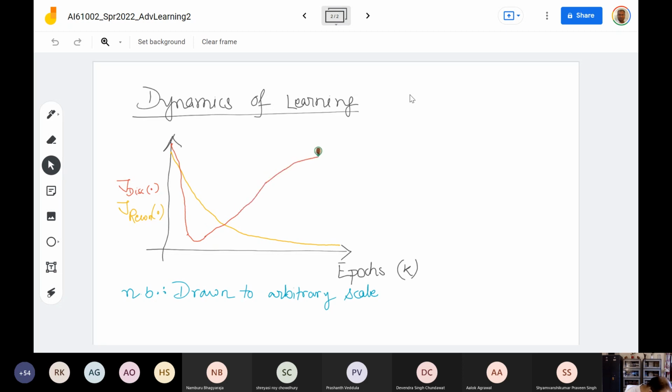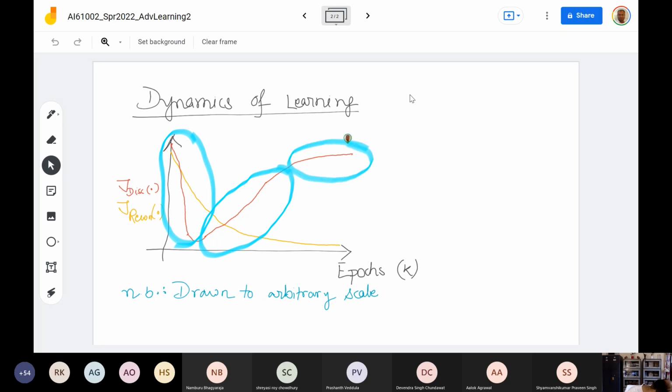At a point in time, you would see that this reaches some sort of saturation. So there is this phase of my discriminator, then this phase, and then this phase.